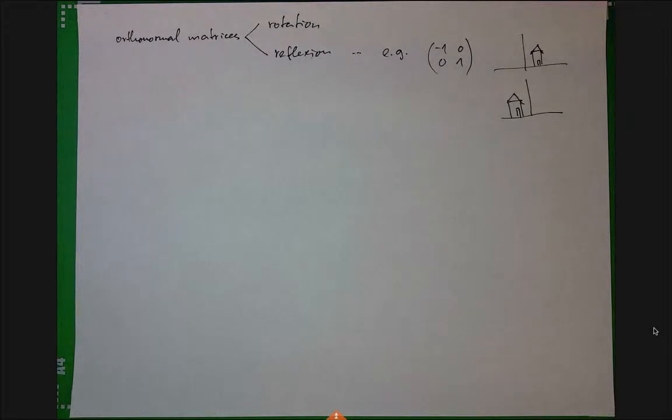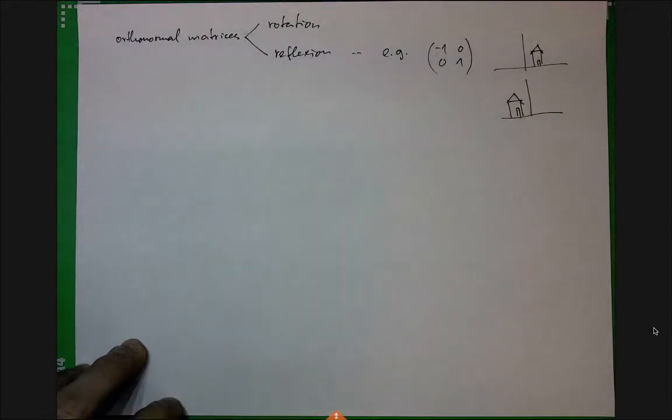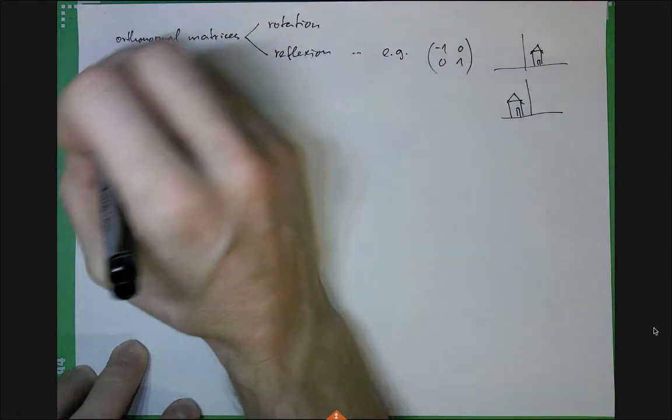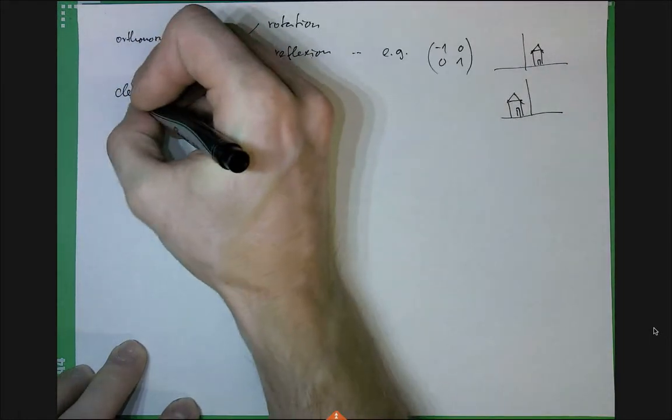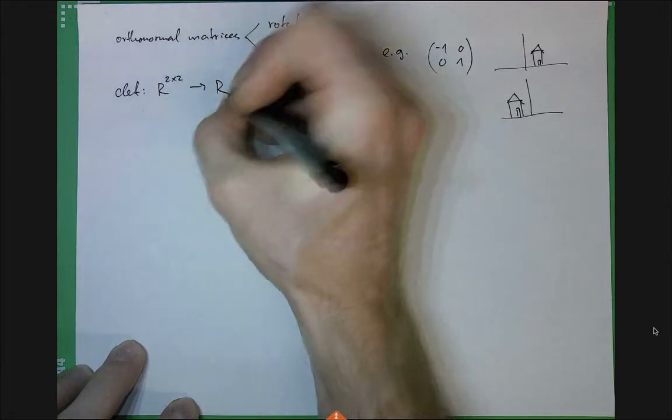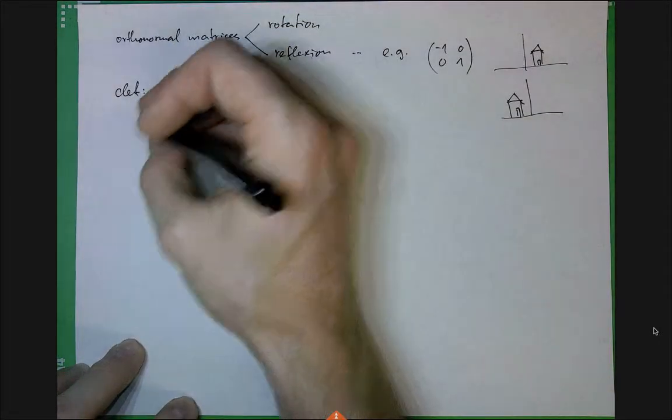So how do we tell if an orthonormal matrix is a rotation or a reflection? We can tell using the determinant. We will talk about the determinant more later on, but I can quickly tell you what it is for 2x2 matrices. The determinant is a function that assigns a real number to a matrix.